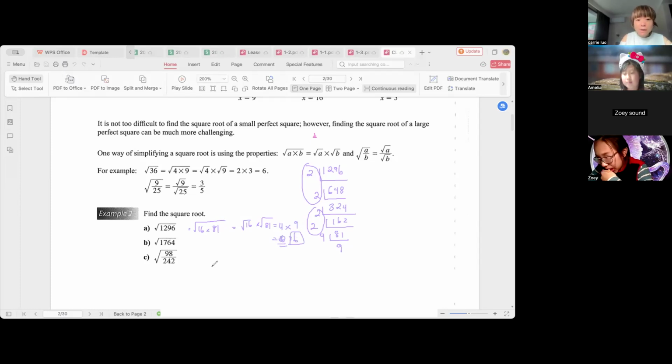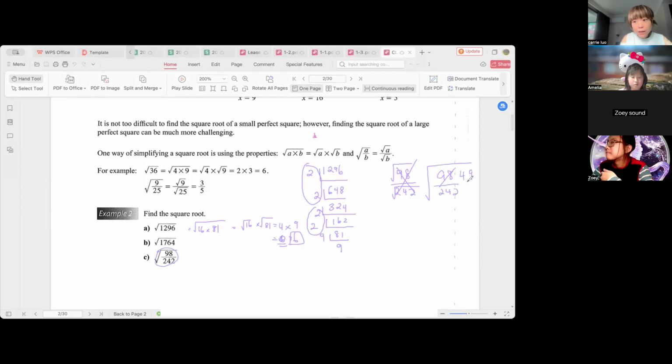Get it? Okay, let's try number C. So 98 over 242. We can see 98 and 242, both of them are not perfect squares, right? But we can do what? If you take a look at this one, they share a common factor of what? 2, right?